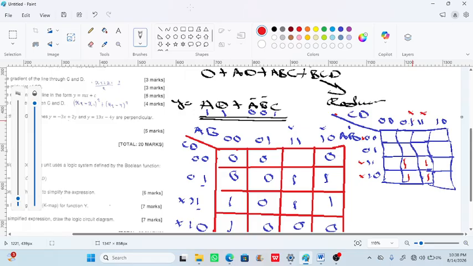C is 1 here, also not this one, but C is 1 here, as well as there. Where they meet is this point here. So this is what we are going to have. Then the rest, we put the zeros. So we're going to put 0 here, 0 there, 0 here.